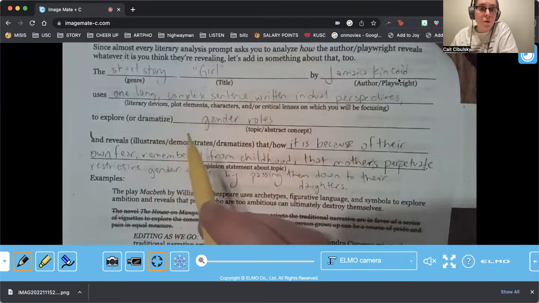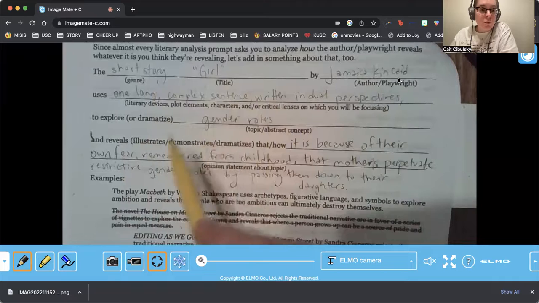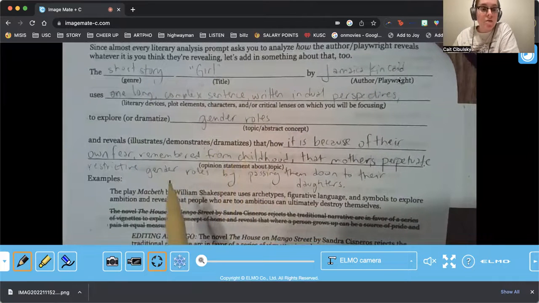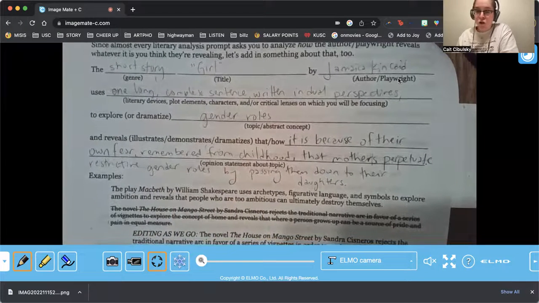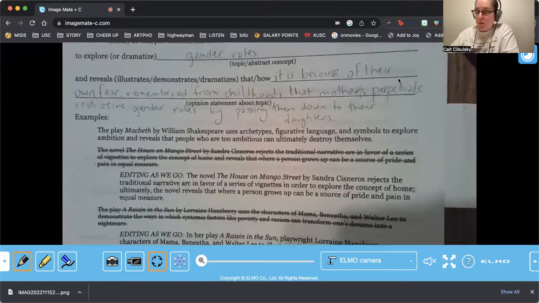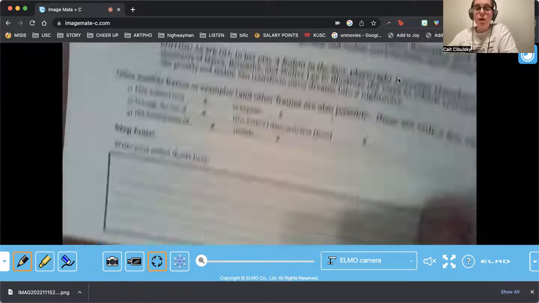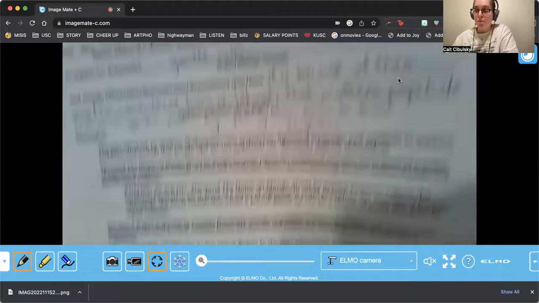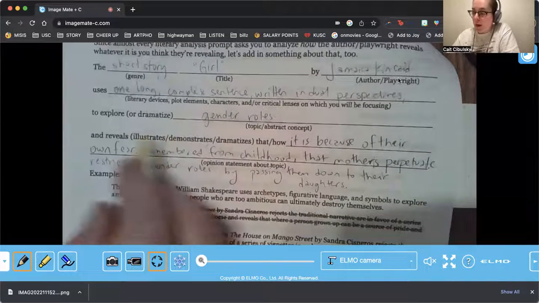perspectives to explore or dramatize gender roles and reveals, illustrates, demonstrates, dramatizes that or how it is because of their own fear remembered from childhood that mothers perpetuate restrictive gender roles by passing them down to their daughters. So again, it has some examples here. Step 4, I'm just literally going to copy down what I wrote from step 3 into the box for step 4, but I'm going to pick, right?